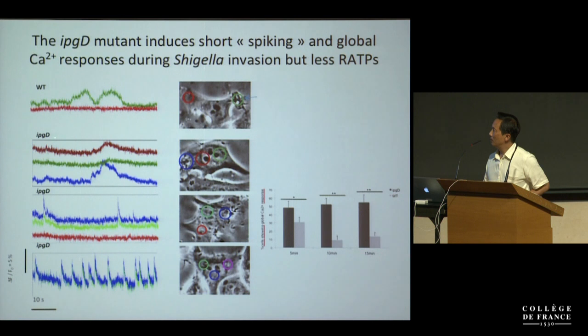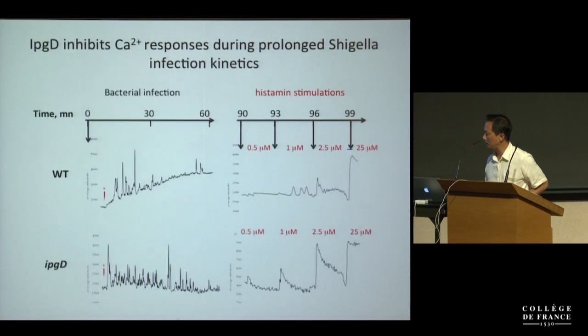Whereas in the case of the IpgD mutant, you very often have global responses of calcium or puff-like oscillating responses that occur at a distance from the invasion site. And if one quantifies, one can clearly see that the wild-type Shigella induces more confined local responses, whereas the IpgD mutant induces mostly global responses.